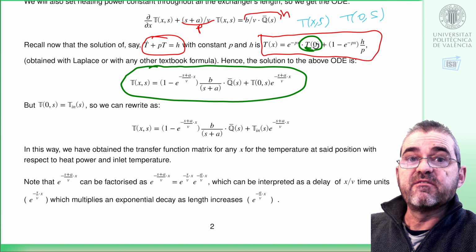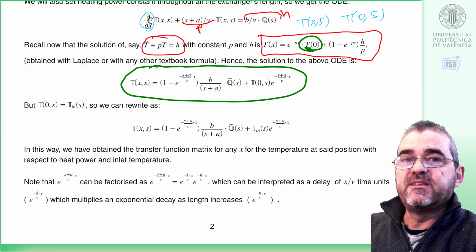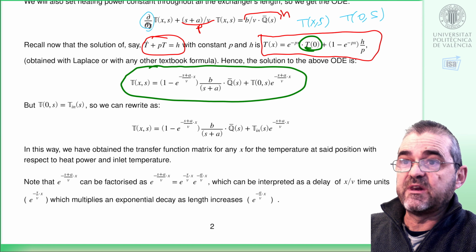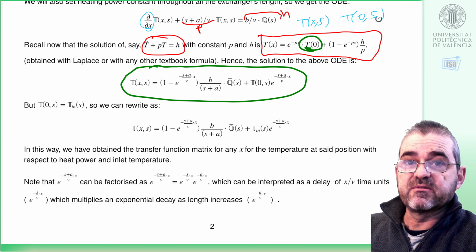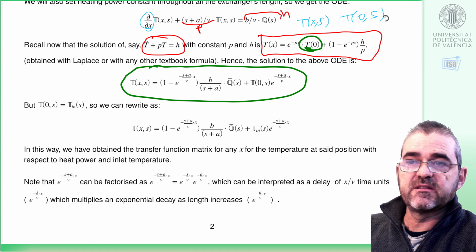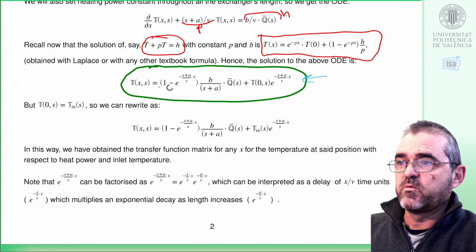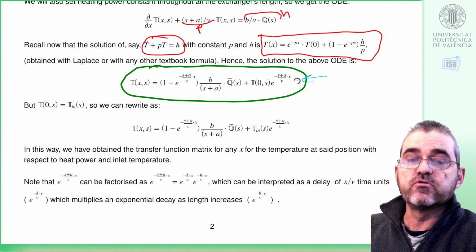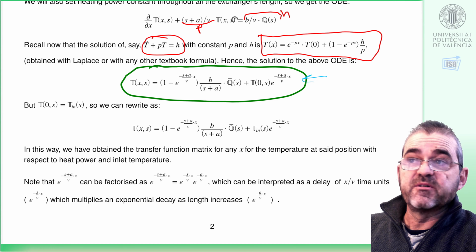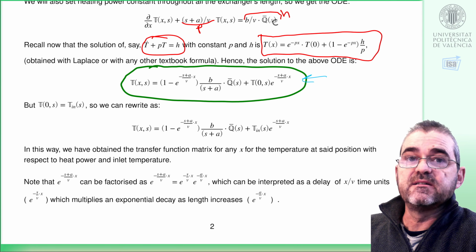This 0 refers to length, because these derivatives are taken with respect to length. So the temporal domain is just the s argument that we were neglecting here, but we added here because the solutions will be different for different values of s, considering s to be a number.